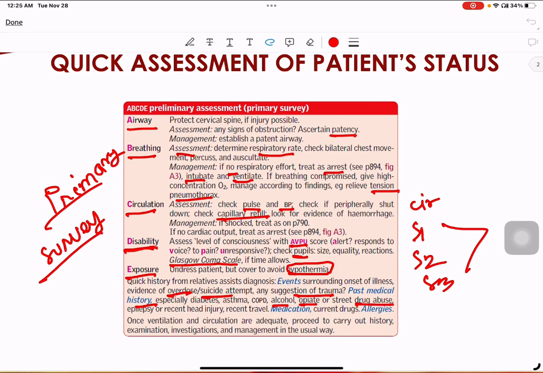We have to take the history briefly at the same time as the primary survey, and we also have to take the medication history and history of allergy. So taking a brief history while assessing airway, breathing, circulation, disability and exposure is the thumb rule in treating any critically ill patient in the emergency setup.